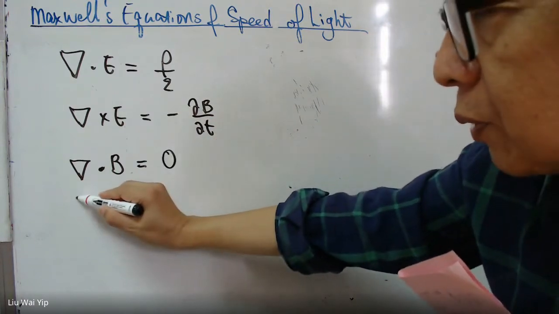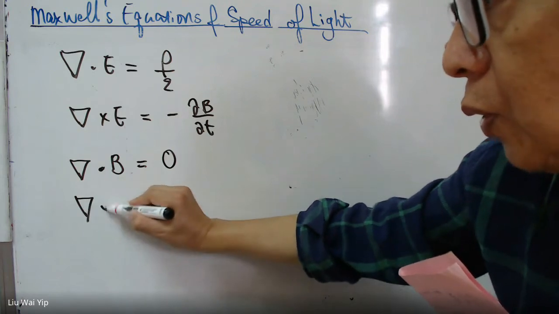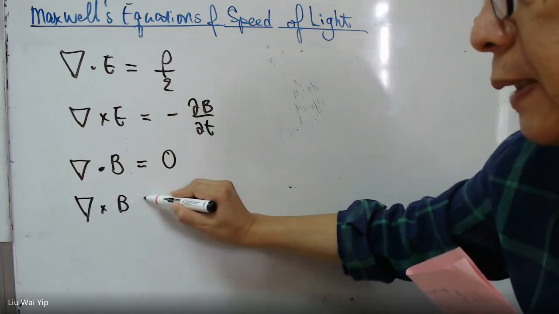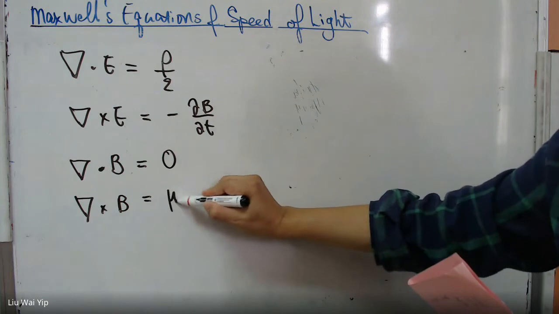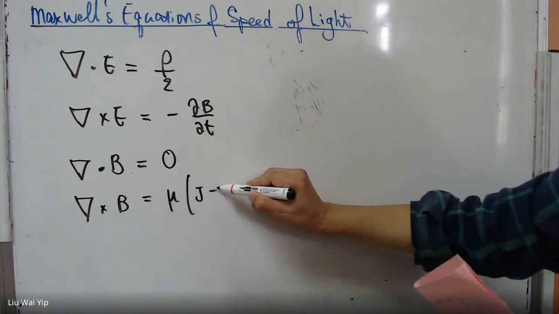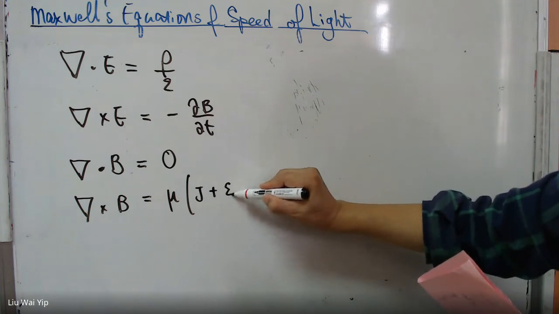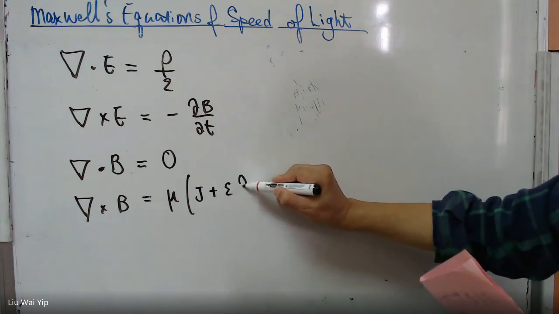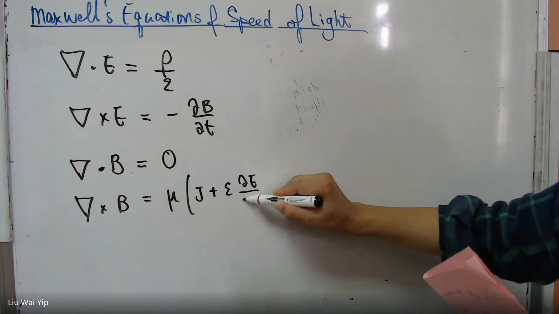And we have also learned curl of B is equal to mu times J plus epsilon times del E over del t.